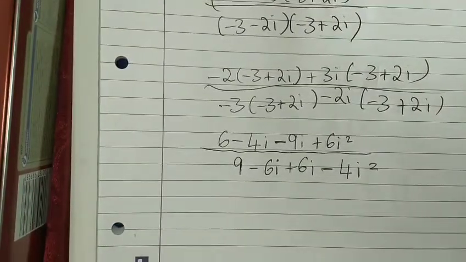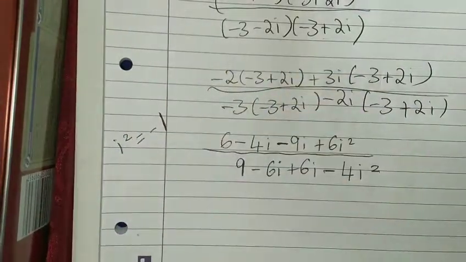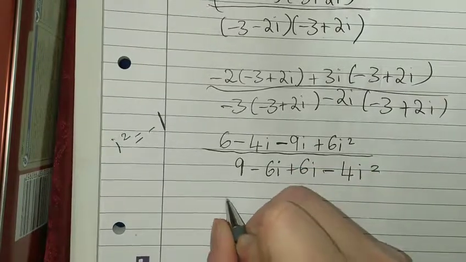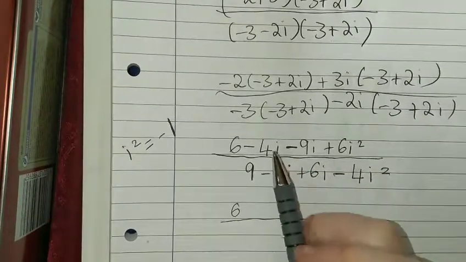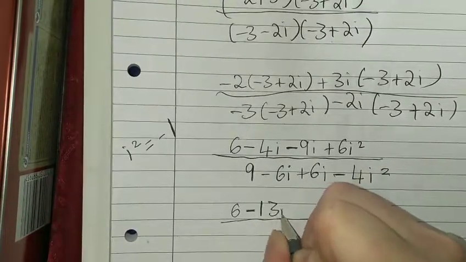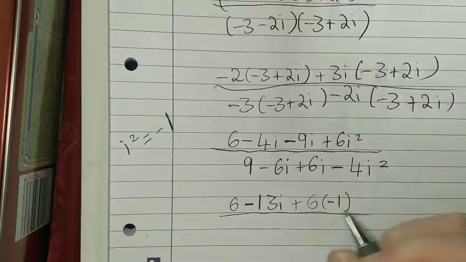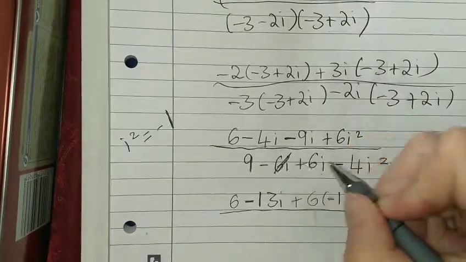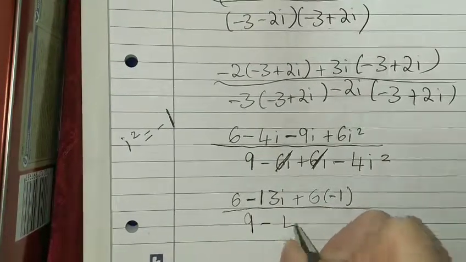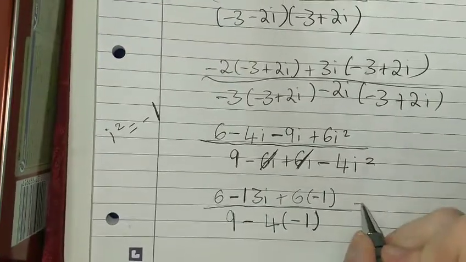So now I have to simplify this, and I also have to remember that i squared is equal to minus 1. So wherever I have an i squared, I have to sub in minus 1. So firstly, I have 6, and I have minus 4i minus 9i, so that'll be minus 13i. And where I have this i squared, I'm going to sub in minus 1. And then I have minus 6i plus 6i, so that cancels. And then 9 minus 4i squared, so in place of the i squared, I'm going to sub in minus 1.